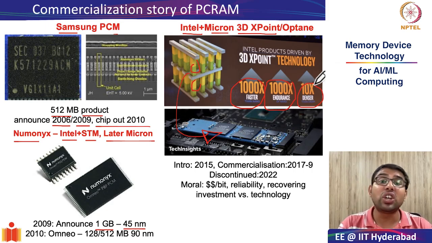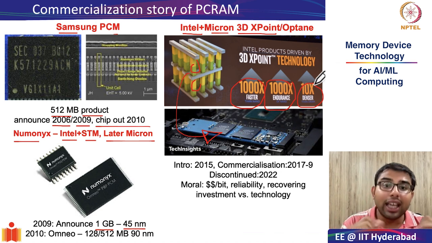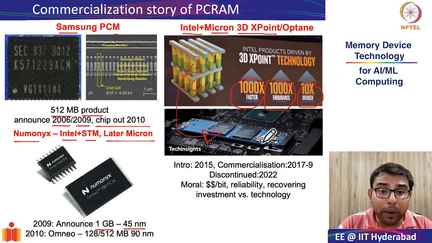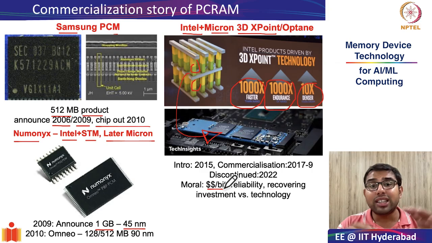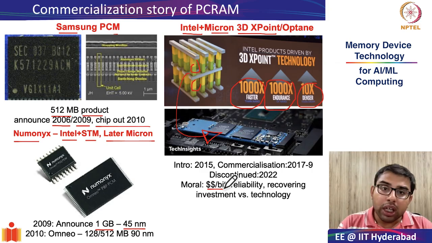The second thing is area scalability, because you were not able to reduce the dimensions of your individual cell. The cost per bit became a very big issue. Also, we have heard that the yield of PC RAMs was not very good.